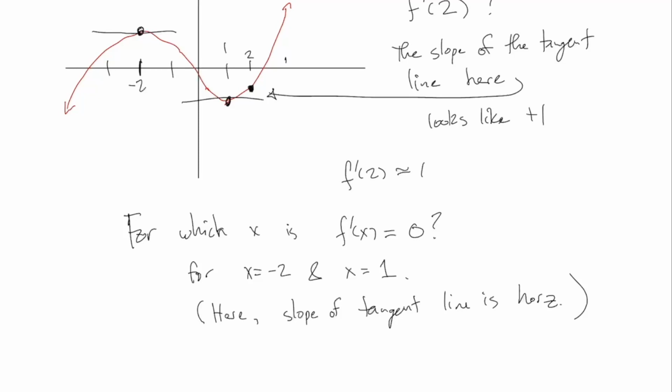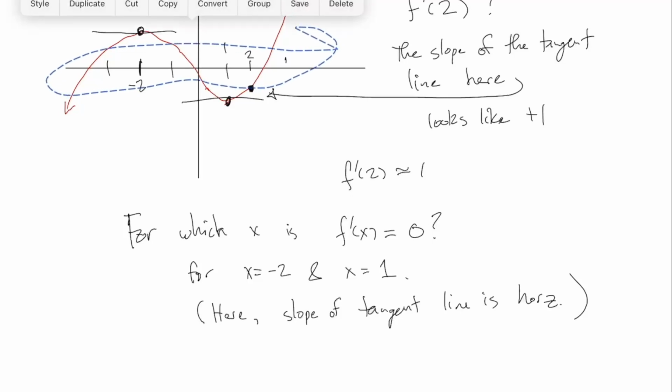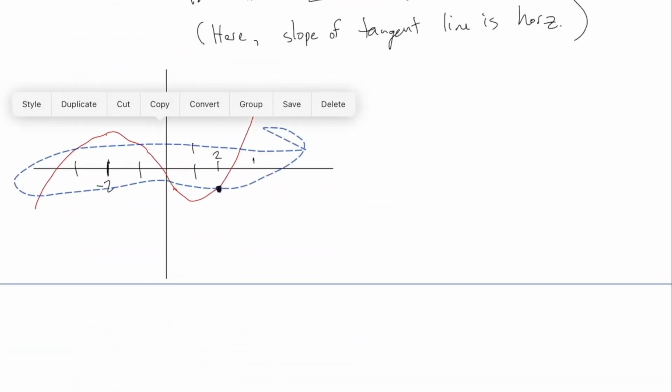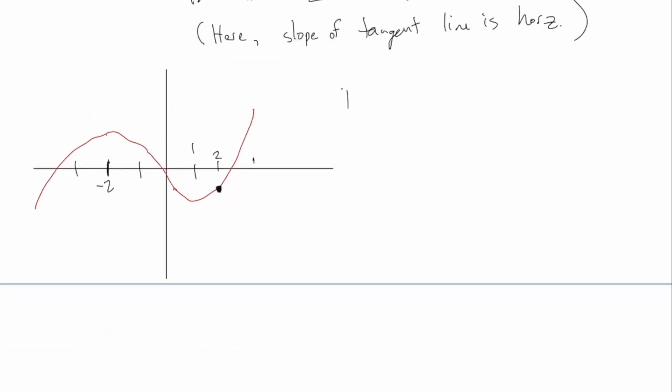Can you tell me for which x's is the slope positive versus negative? Maybe I want to scroll down, so I'm going to just grab this again. For which x's is the slope positive versus negative?